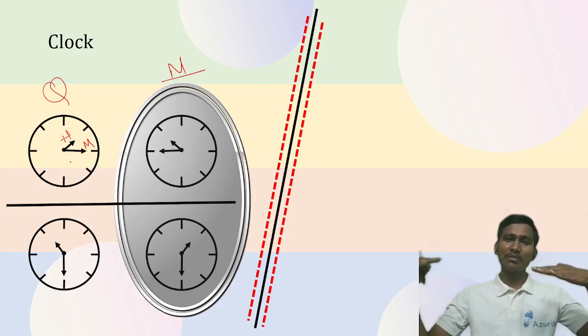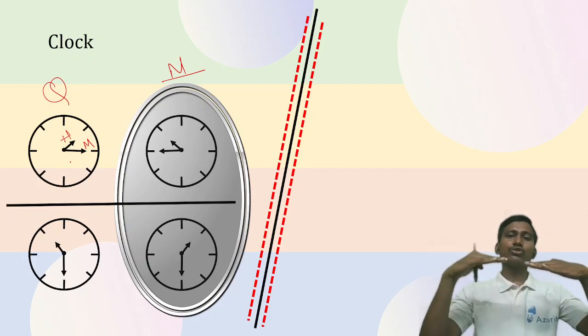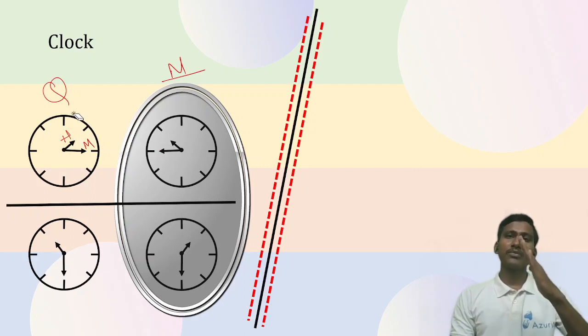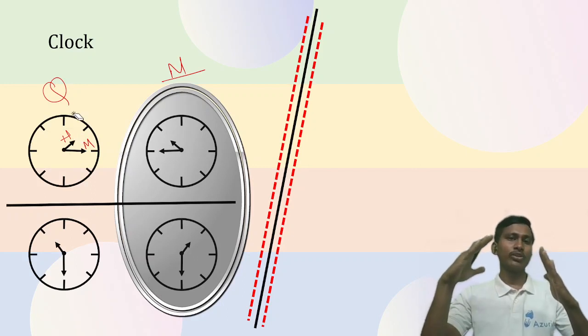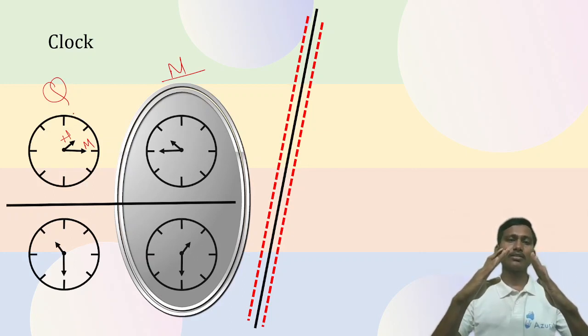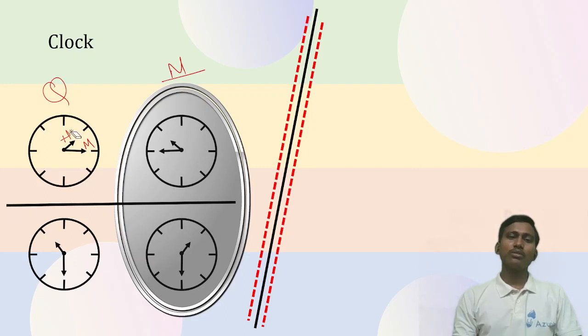So in the mirror image also, the arrow should be towards the mirror. Understood? Then the hour hand is going up, so this should also go up. So the mirror image of this will be this one.